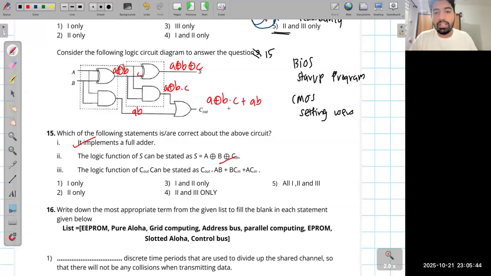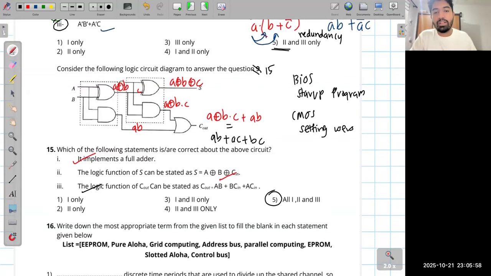This is the function, I get it from here. Also remember, this is equal to AB plus AC plus BC. I said full adders can be drawn in both ways. This is also correct. Make a note of the full adder, both of them are correct.